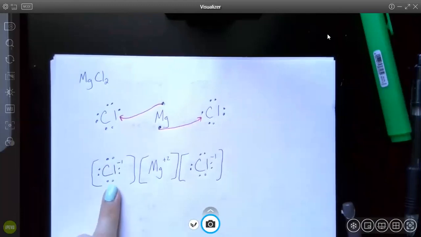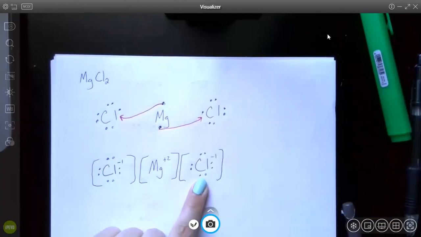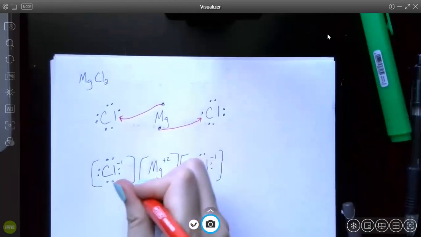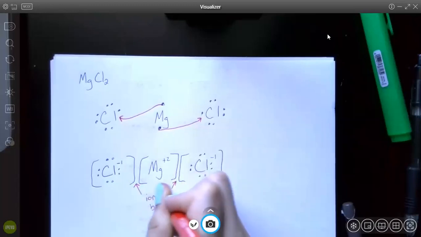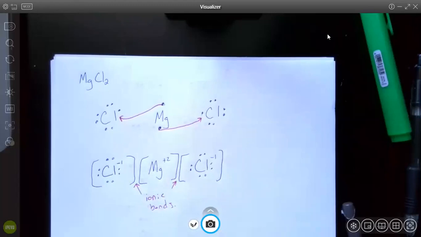So now we have a chlorine ion, a magnesium ion, and another chlorine ion. The brackets where they kind of touch each other or where they're beside each other is where the ionic bond is. So here and here, we have the ionic bonds that are really just a really strong attraction between a positive and a negative ion.